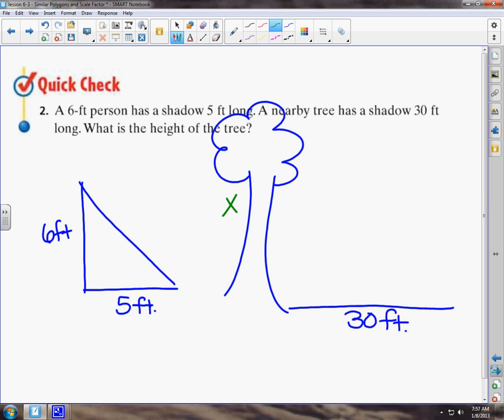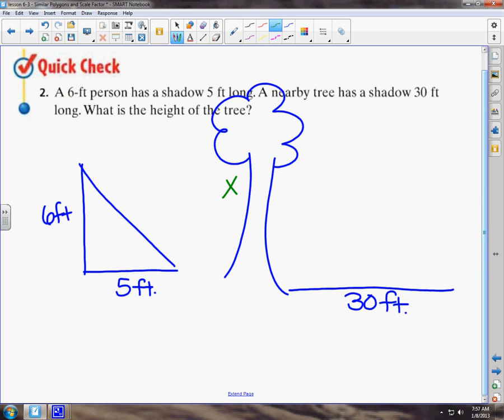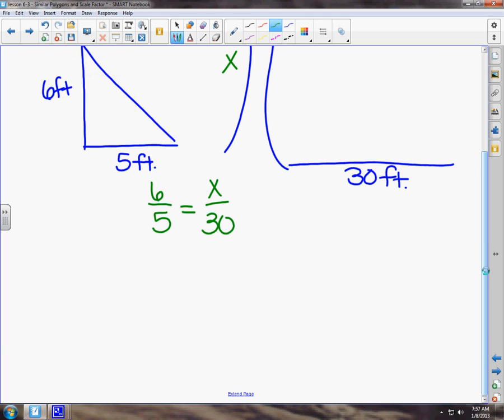So I'm going to set up my proportion. 6 over 5 equals, 6 goes with x and 5 goes with 30. So now I cross multiply. 6 times 30 is 180 equals 5x. And then I'm going to divide 180 by 5. 5 goes into 18 3 times, which is 15.